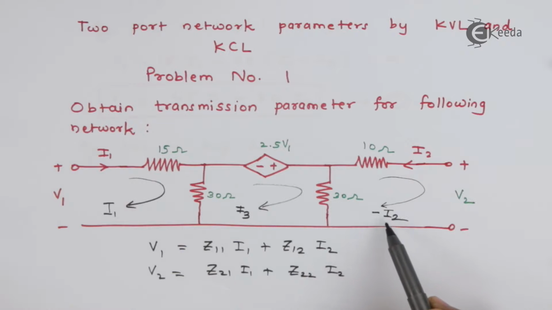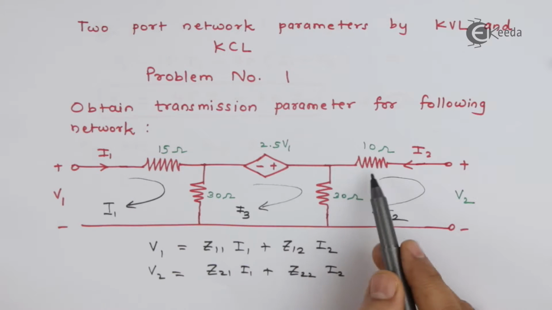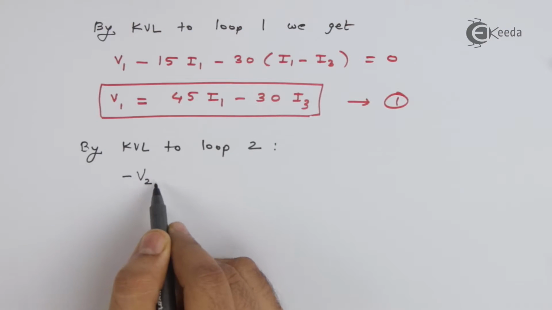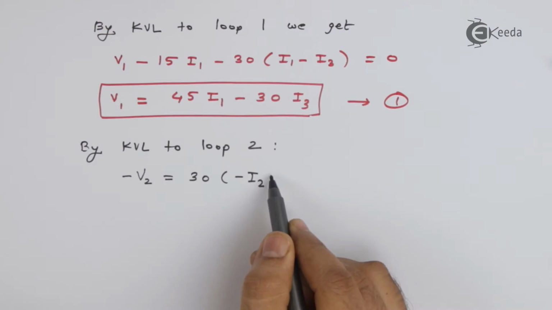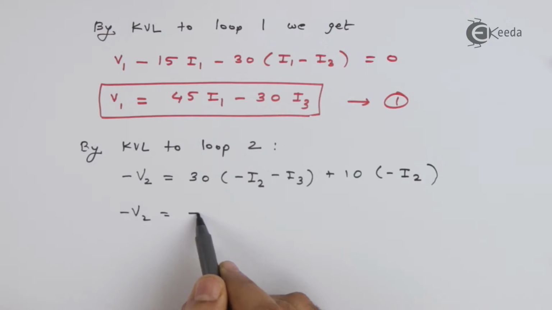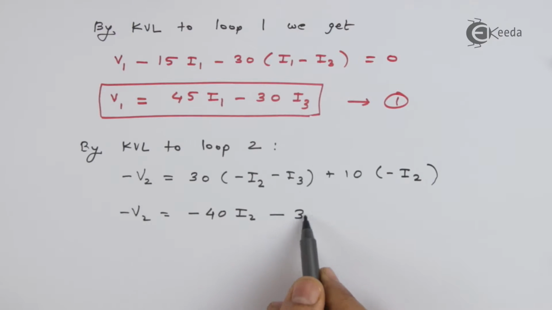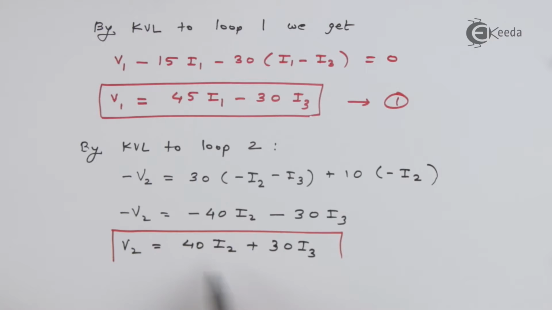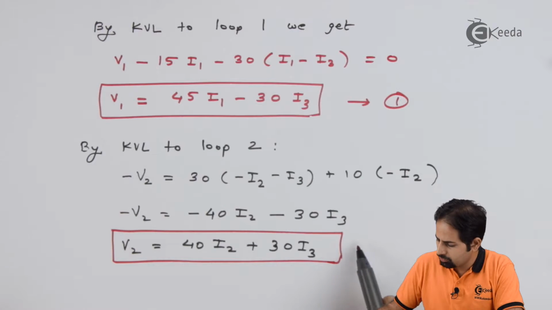This current is minus I2, we don't have to forget this, and then minus 10 into minus of I2. So this is our equation number 2.